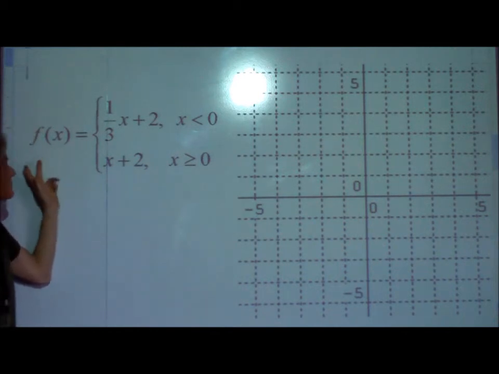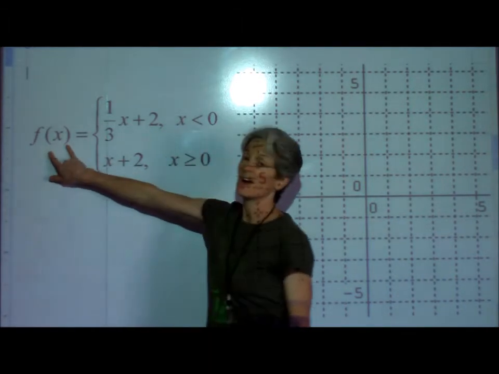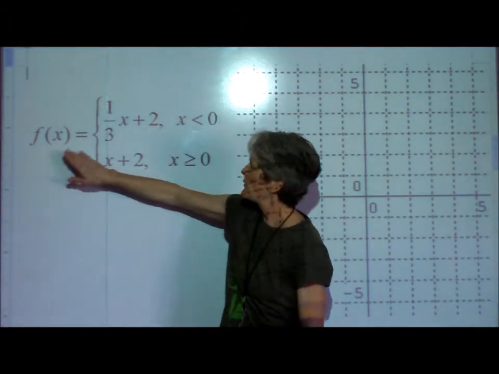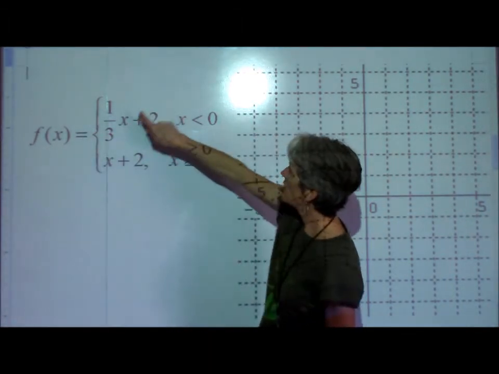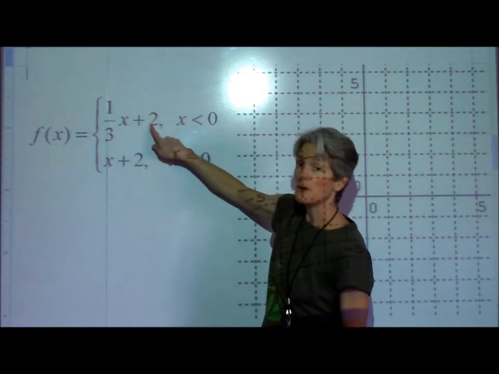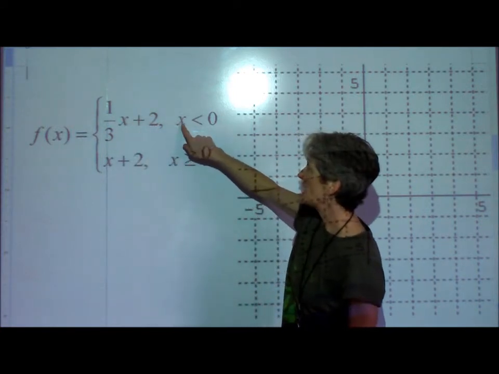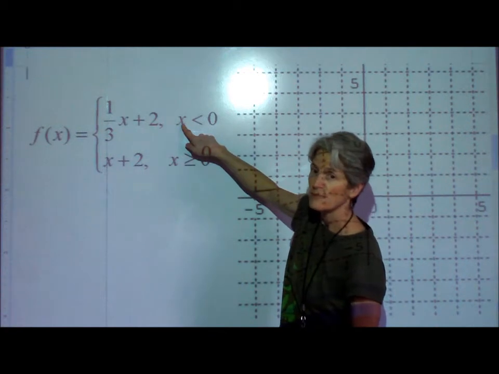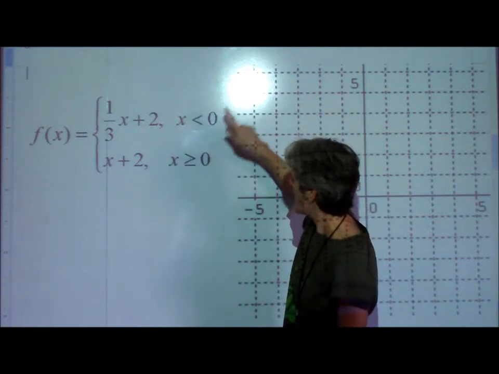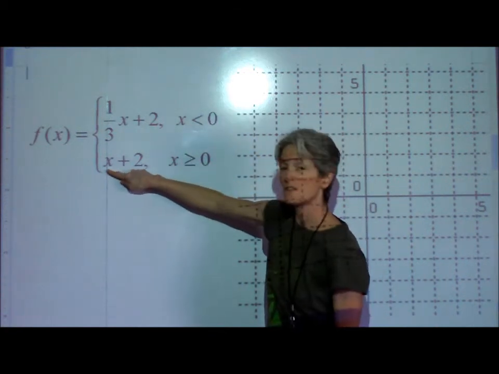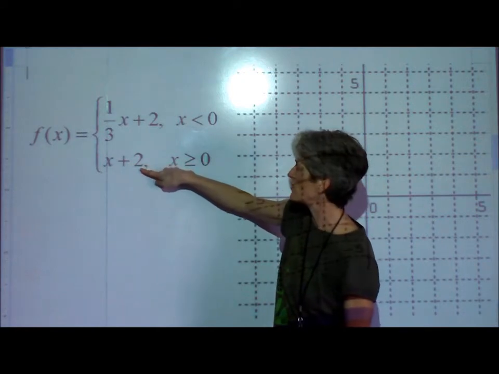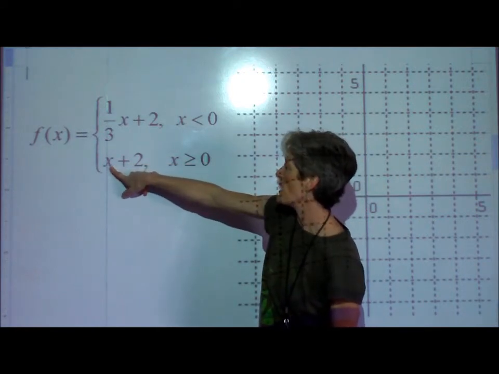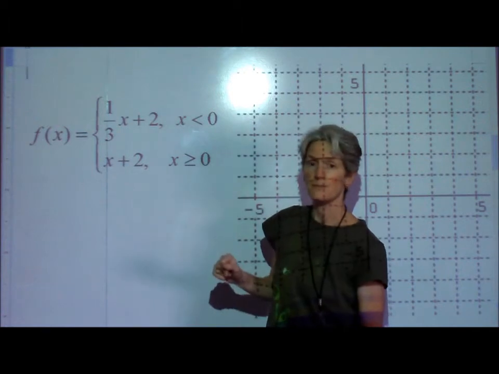So we have one function, which we're calling f of x, and it's equal to 1/3 x plus 2 as long as my x's are less than 0. As soon as I hit 0, I jump to this piece of the function, which is described by the equation x plus 2.